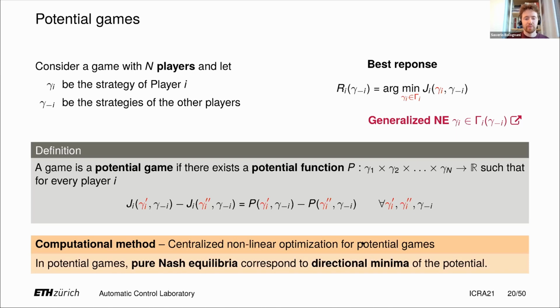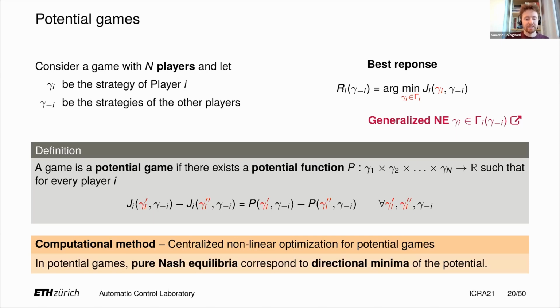I omit the proof, but the proof is by construction. If there's no gamma i second that allows me to increase the potential function once I am at a Nash equilibrium, this means that there is no gamma i prime that player i can use to improve or decrease their cost function.